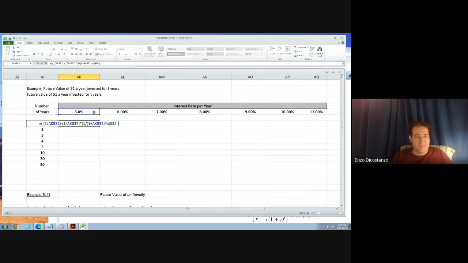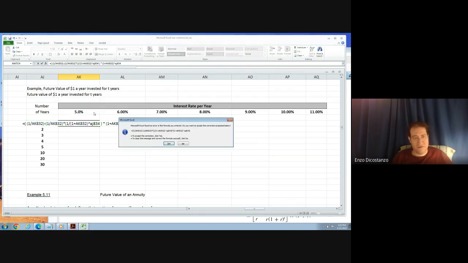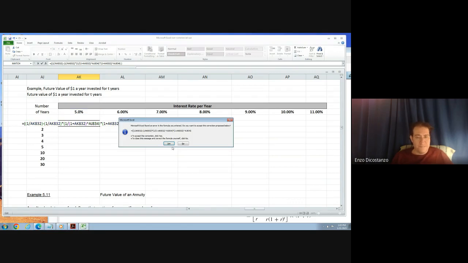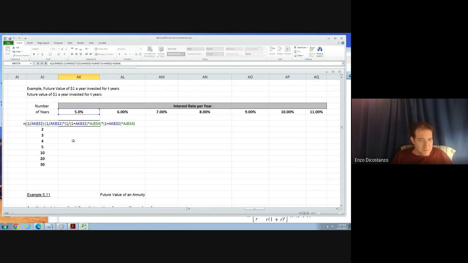And then you want the future value, 1 plus that rate to AJ 834. All right, so what happened here? There we go. That's it, like that. Watch, manage your parentheses. You have to have the whole thing, this whole present value, and then you project it forward.